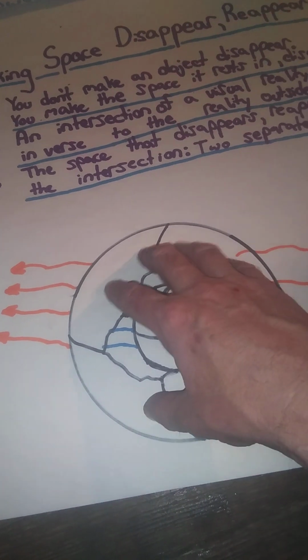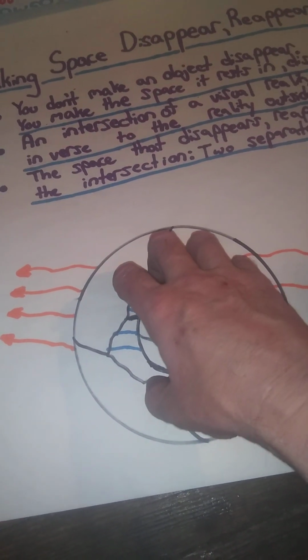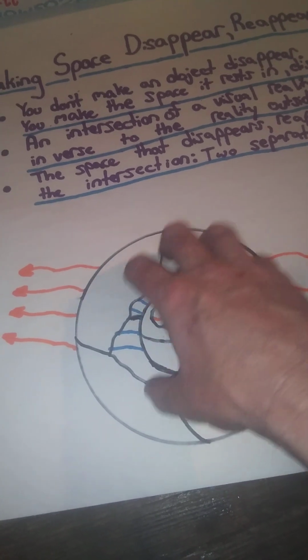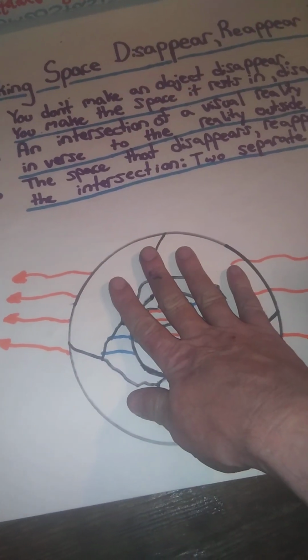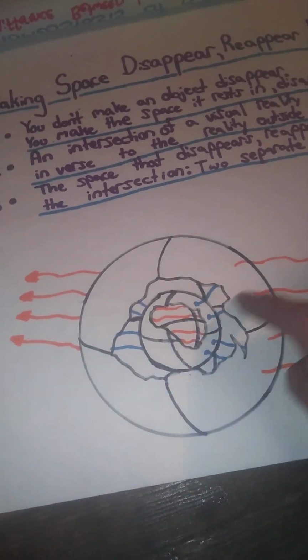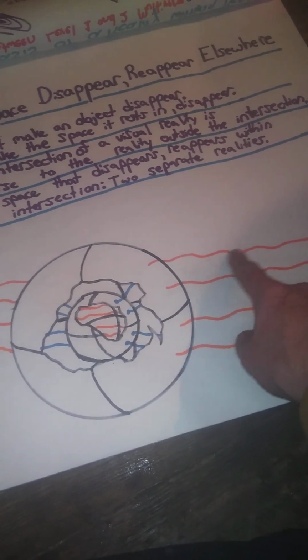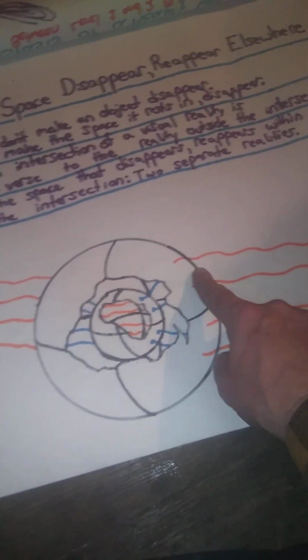But they all somehow, the mirror worlds come together to create one, physically one intersection reality and one exterior reality. And this shows the inverse relation between an invisible state.